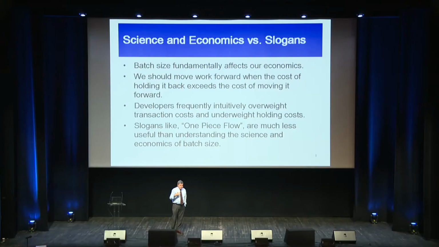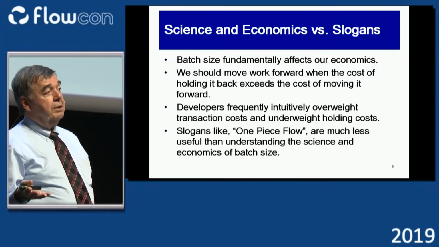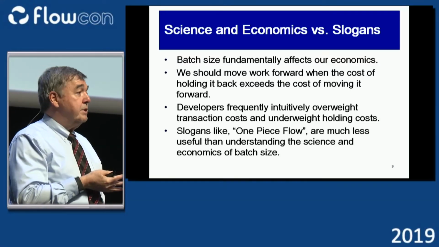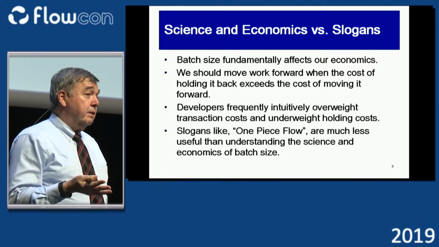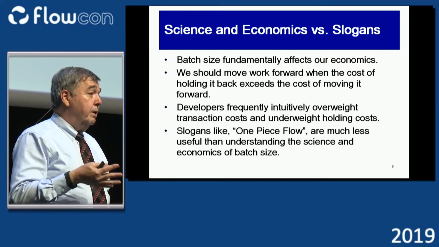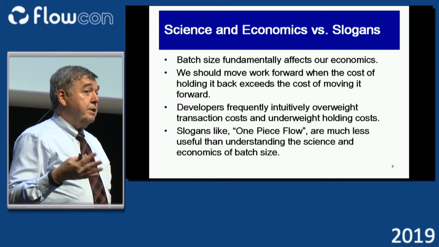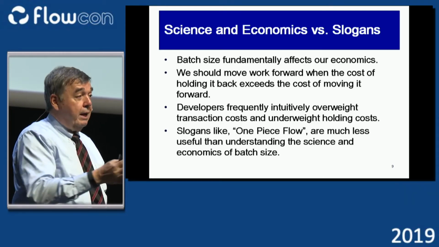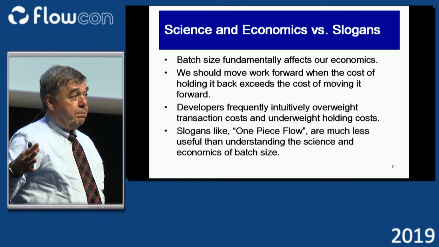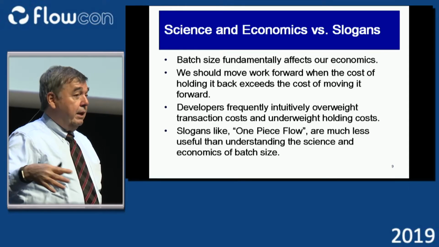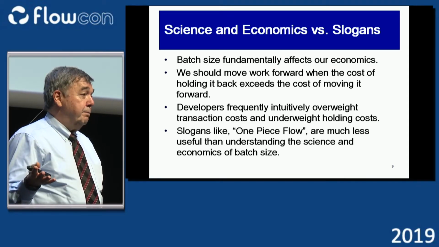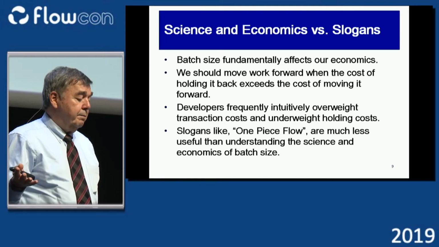It's always a trade-off between transaction cost and holding cost. Most developers overweight transaction cost and don't understand holding cost, particularly in development, because one of our major holding costs is cost of delay. What happens when you hold a valuable product back from the marketplace? Only about 15% of developers know the cost of delay on their projects.